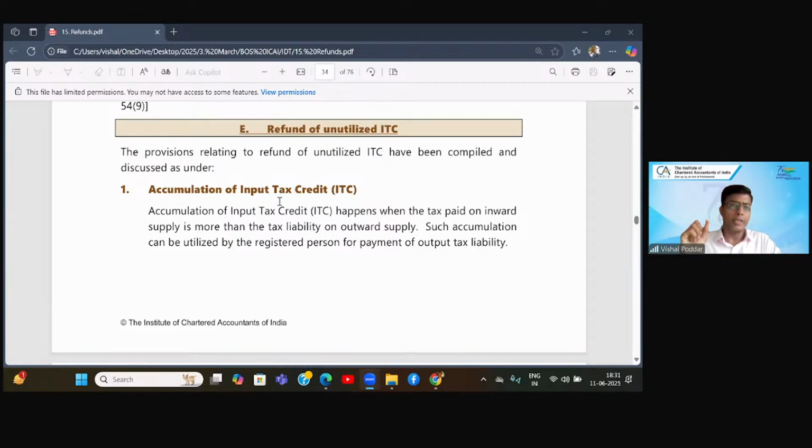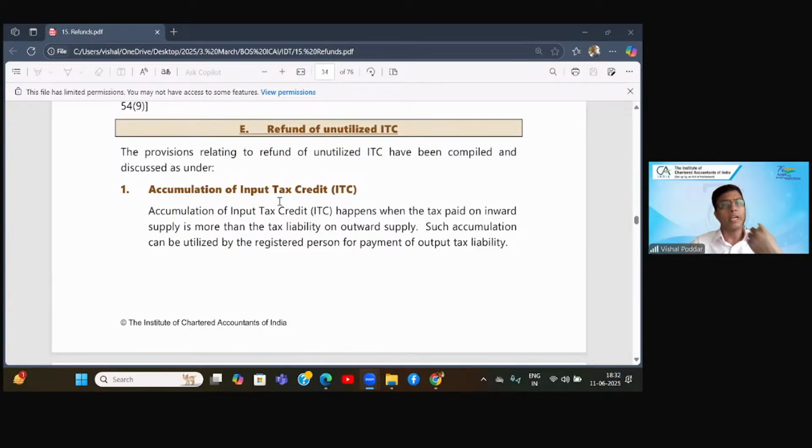So logically, I should get only the refund of the proportionate ITC. What proportion of ITC? The ITC which is attributable to my export supplies or that supply which is eligible for refund. And corollary to this, I should not get refund of that proportionate ITC which is utilized for the domestic supply or the non-refund eligible supply.